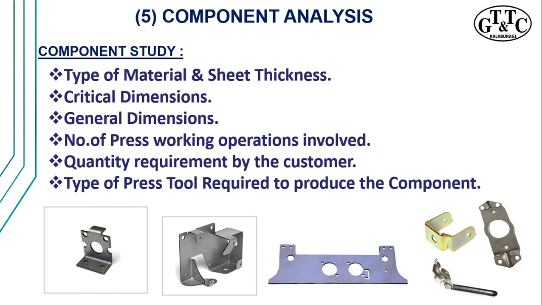It might be a progressive cutting tool, it might be a progressive forming or bending tool, and sometimes it might be a combination tool. So it all depends upon the shape and structure of the component. That's why the component study is very, very important. One has to study the component in detail, and also the instructions provided by the customer regarding the requirement of the component.